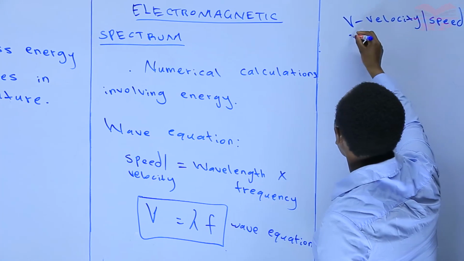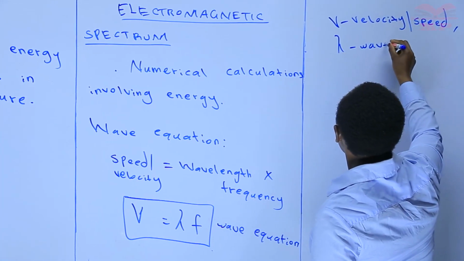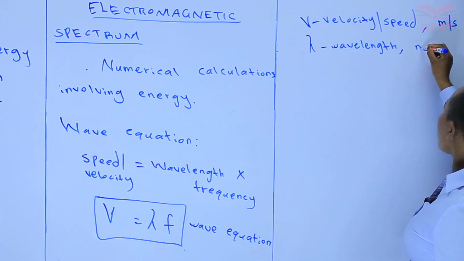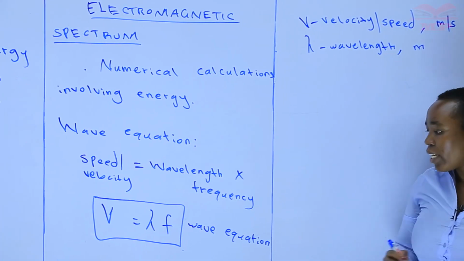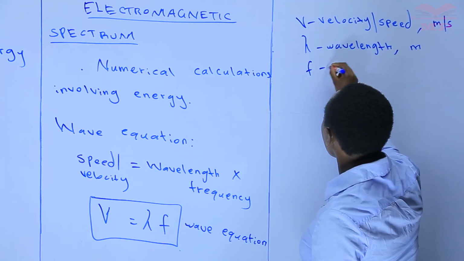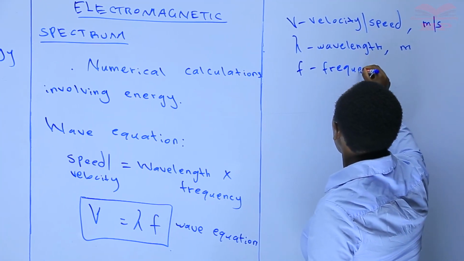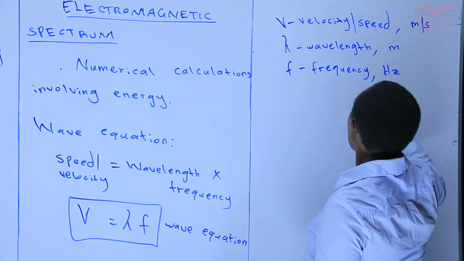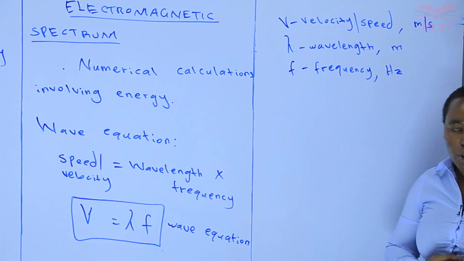Lambda is the wavelength of the wave, and the unit is meters. Then we have frequency, which is in hertz. So that is the wave equation.